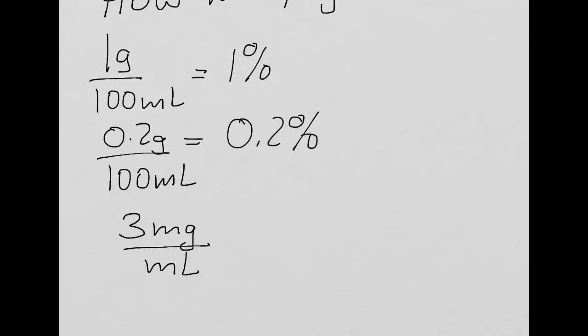How do we get that? Well, we don't want to know what it is per milliliter. We want to know how much it is per 100 milliliter, because that is our definition here, 100 milliliter. So it's completely irrelevant what it is per milliliter.